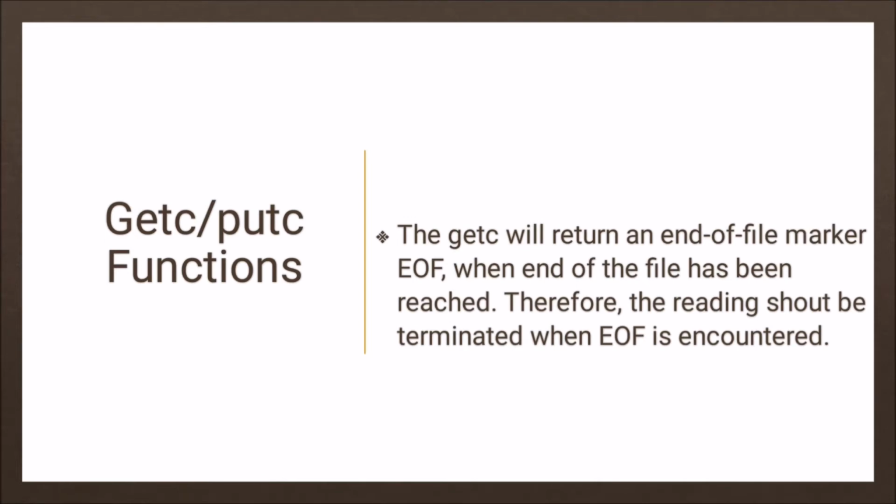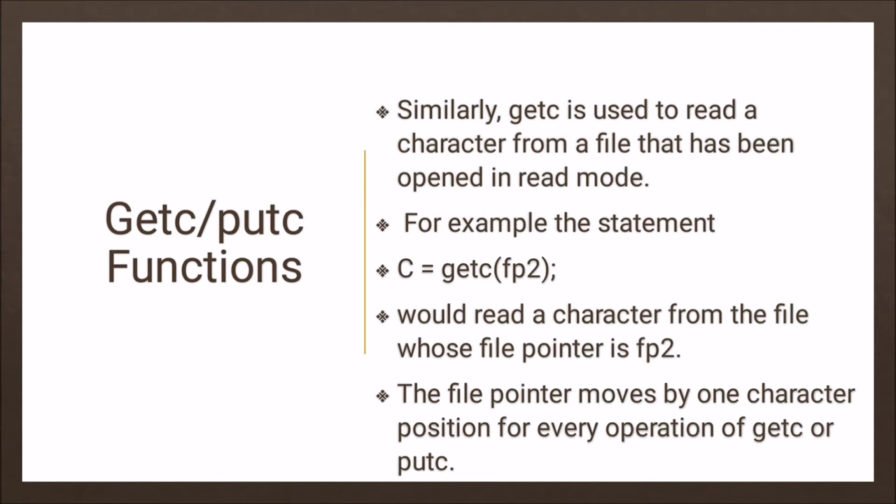Now getc will return an end of file marker, EOF, when the end of the file has been reached. Therefore the reading should be terminated when end of file is encountered. So how do we know that there is no more data to be read from the file pointed to by file pointer fp2?